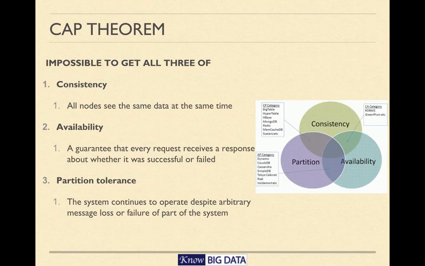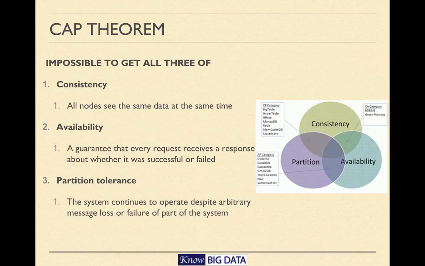Availability means a guarantee that every request receives a response about whether it was successful or failed. Whether there is an error or not, the customer gets informed.